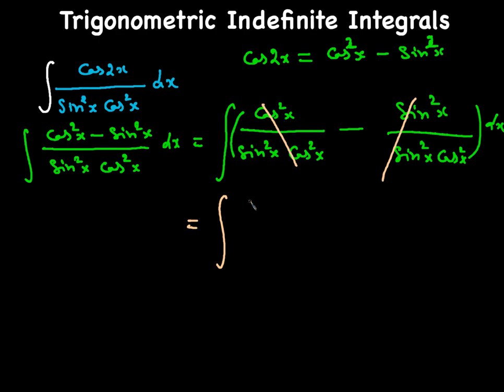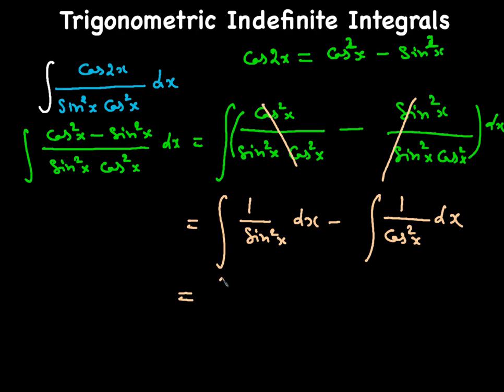So that will give me integration of 1 over sine square x dx minus integration of 1 over cosine square x dx. Okay, and we all know 1 over sine is cosecant, and if there's a square it will be cosecant square x dx minus, and 1 over cosine is secant, so 1 over cosine square x will be secant square x dx.